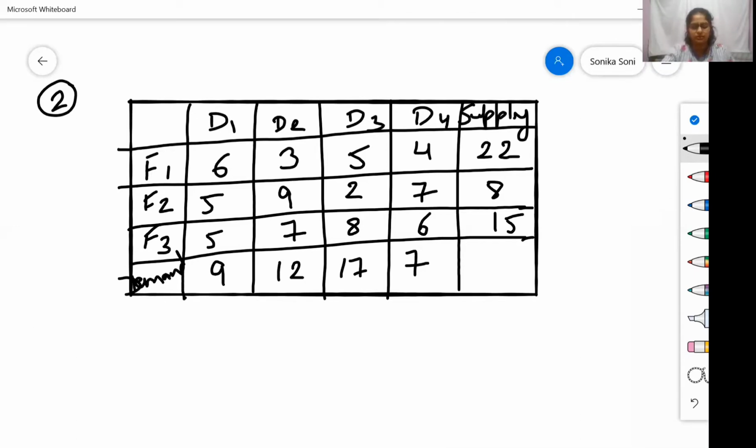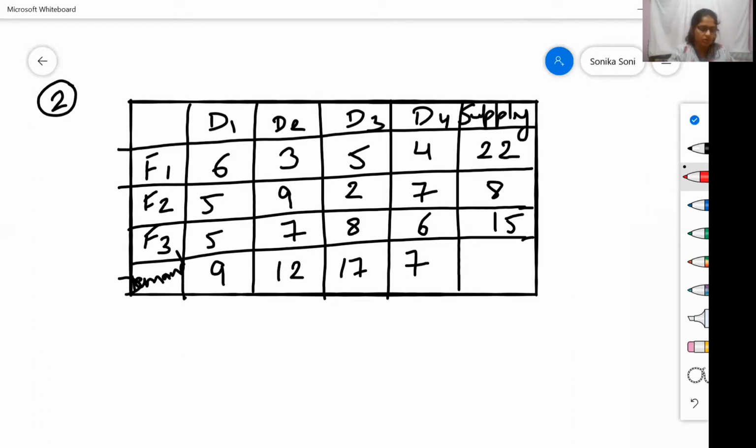Now, what is the first step here? We have to see whether the demand is equal to supply or not. So how do we see that? We add all the supply and all the demand and see whether they are equal.